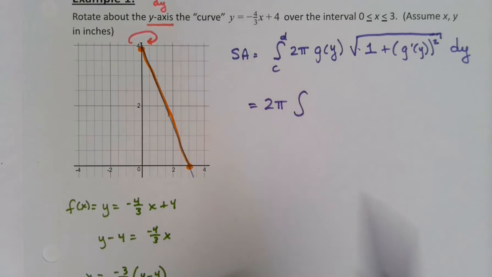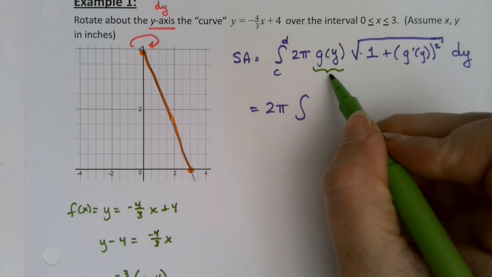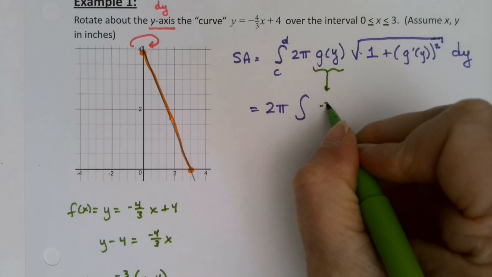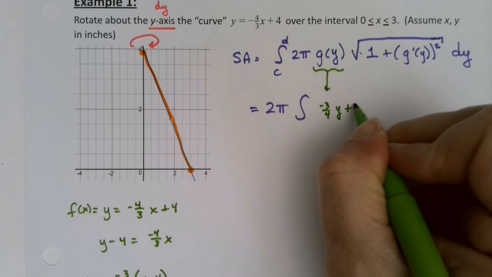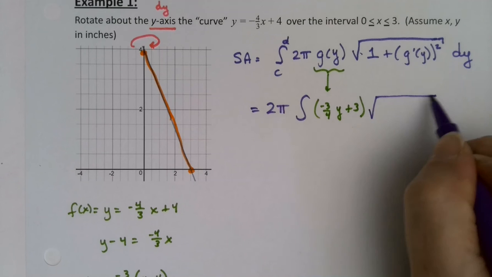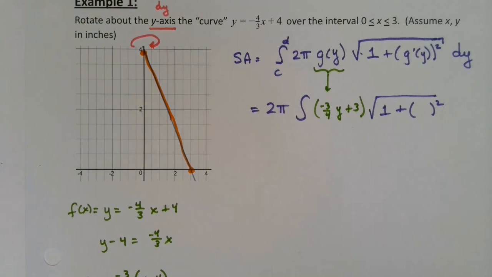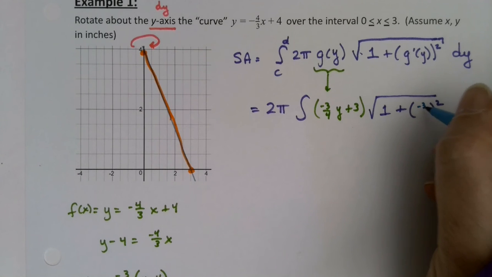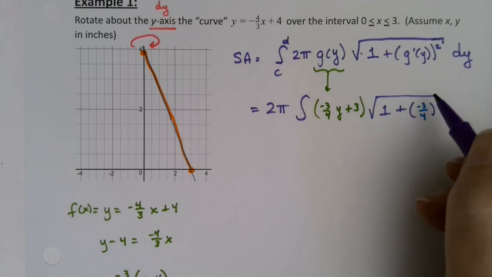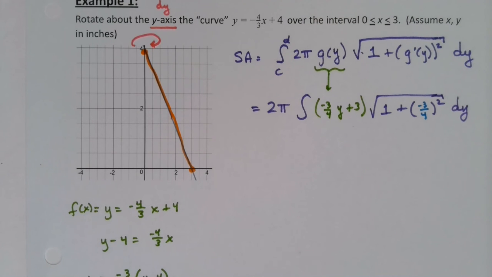And then I know that g of y is going to be -3/4 y plus 3. And then it's going to be the square root of 1 plus -3/4, but once it's squared, it won't make any difference, dy.